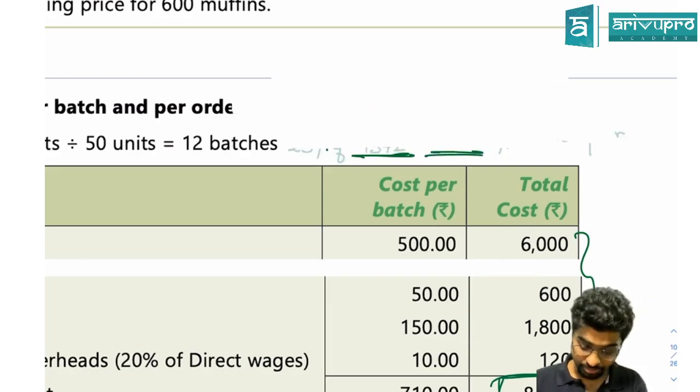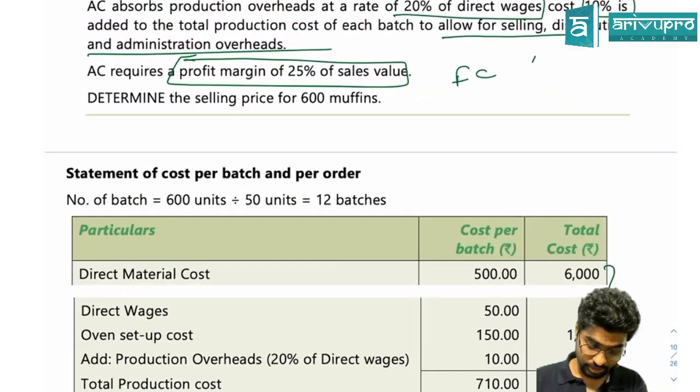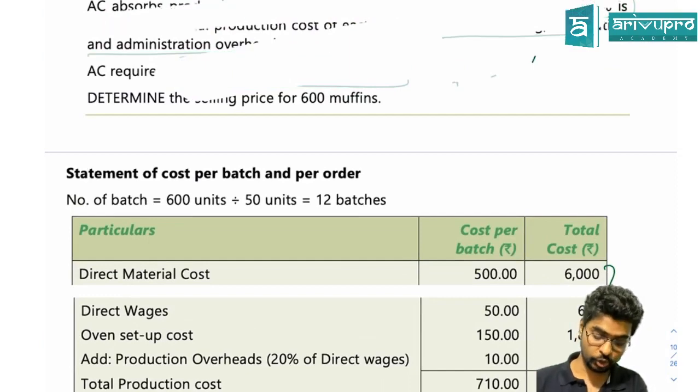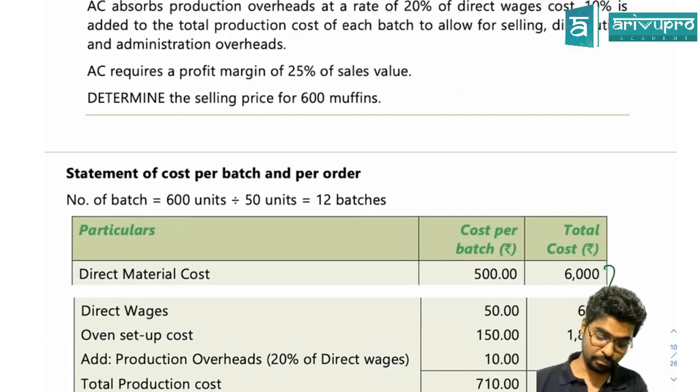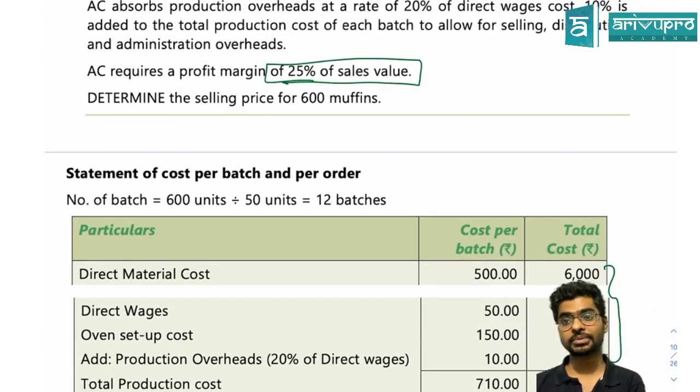But first time I am encountering this. They want your profit margin to be 25% of the sales value. Guys, new concept. They want your profit to be how much? 25% of the sales value. Are you clear?